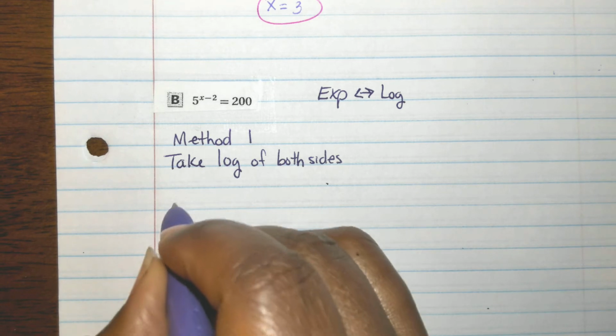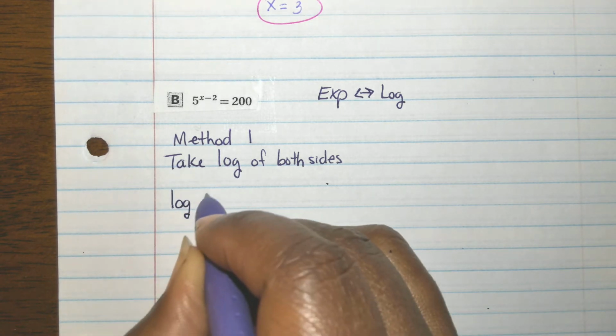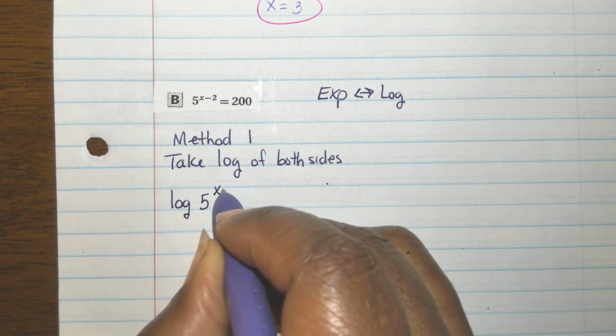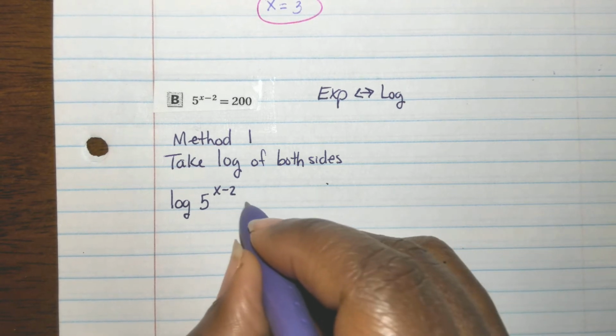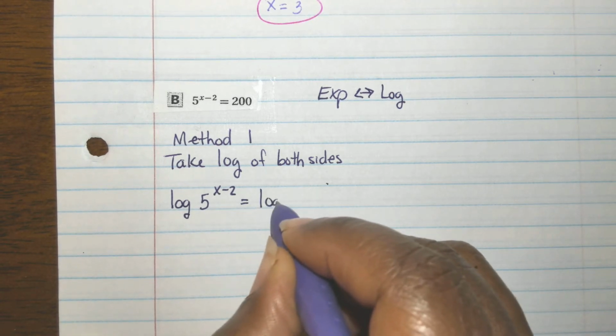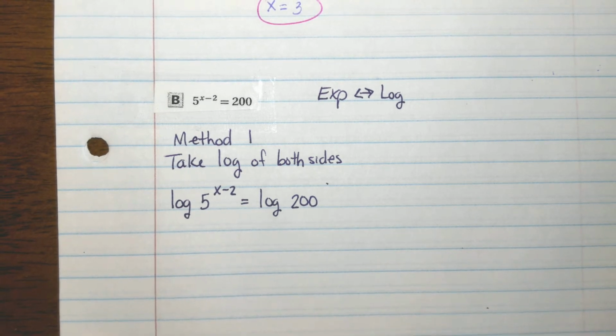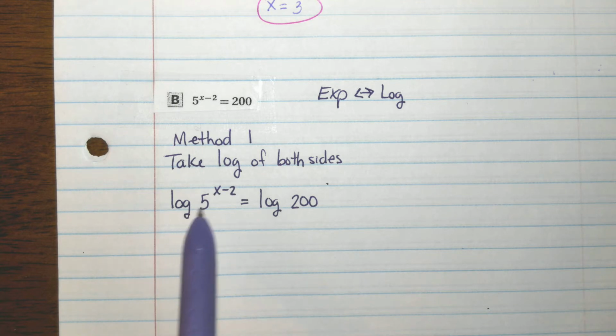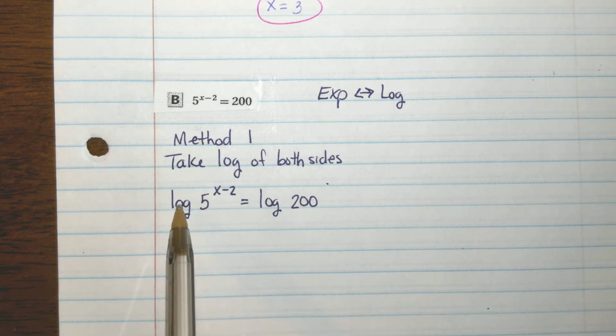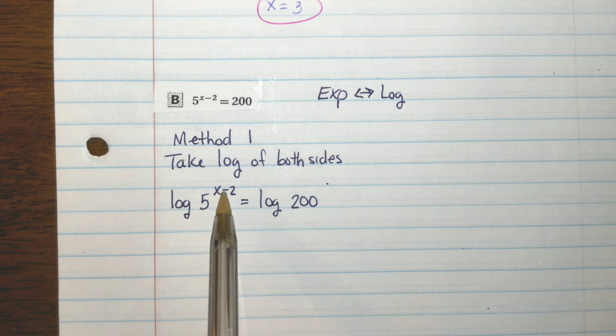So I'm going to simply write log in front of 5 raised to the x minus 2 power. And I'm going to make that equal to log of what's on the right, which is just 200. So I've taken the log of both sides. Then the next thing I need to do is recognize that here I have the log of a value with an exponent on it.